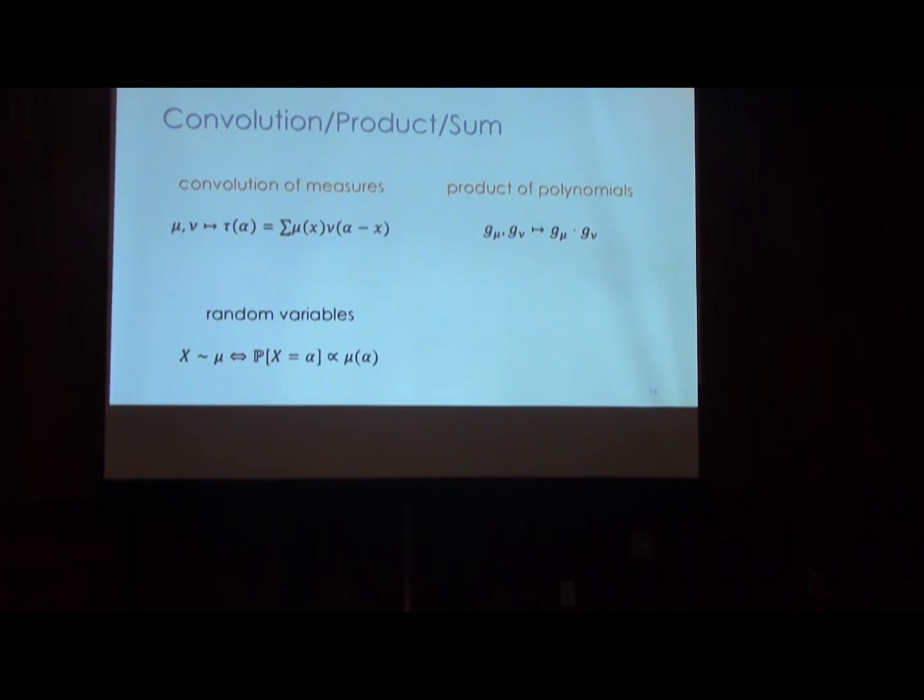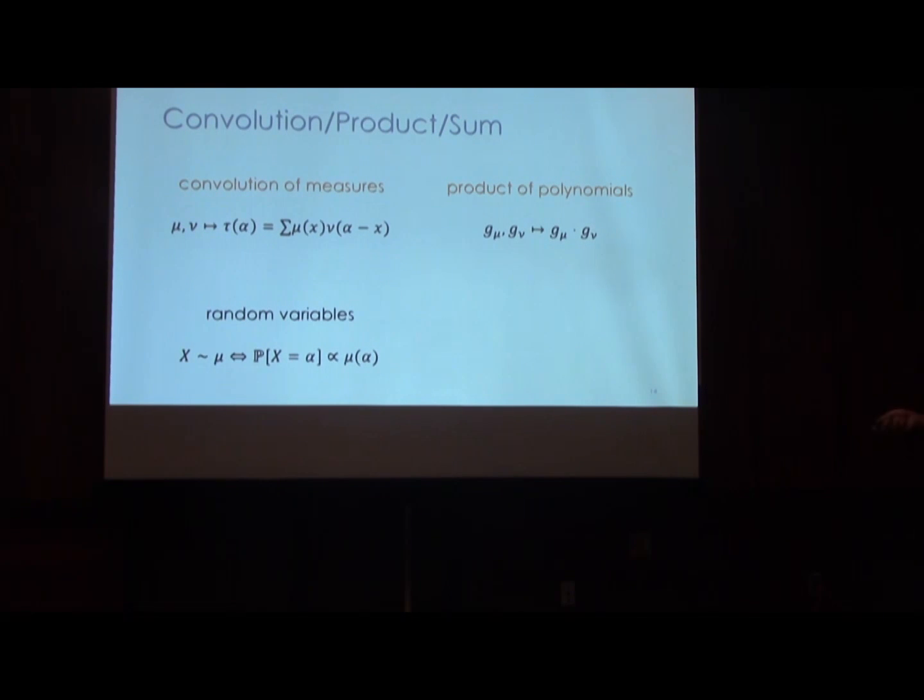And if you think of measures in terms of random variables, for a measure, I'm going to assign a random variable which takes the value of alpha with probability that is proportional to the measure at alpha. So normalize it so that the measure becomes a probability distribution, and that gives you the probability distribution of your random variable.